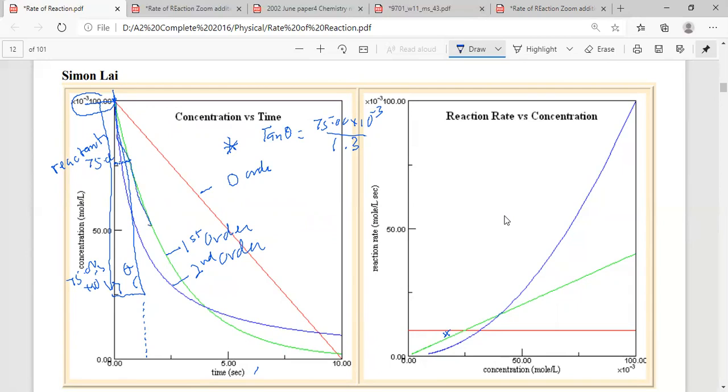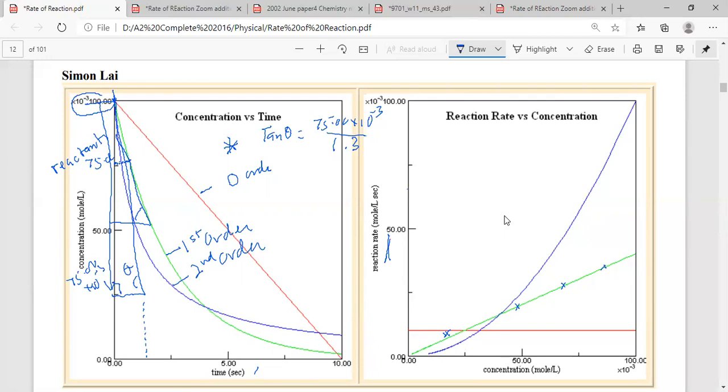So I find the tangent again and plot the graph here, at this concentration, 75. It's all the range. Subsequently, for every change of concentration here, I get a rate here, and I get a straight line.